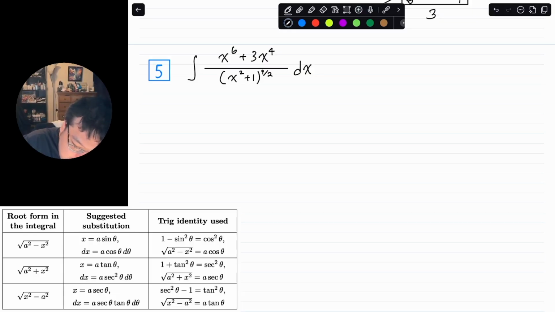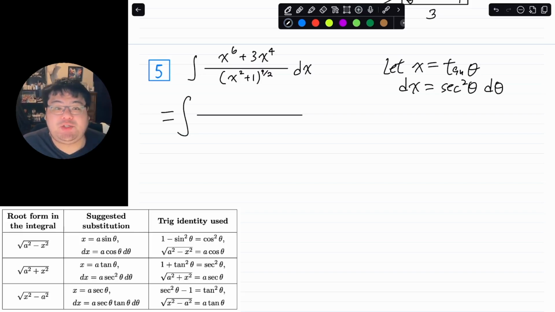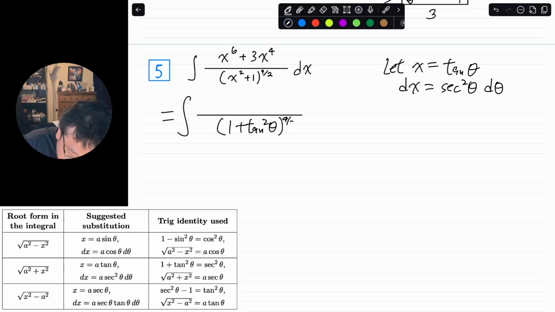So again, we let x equal tangent theta, and dx will be secant squared theta d theta. Now we do our usual substitution back. The first thing we do is the culprit: 1 plus tangent squared theta, to the 9 halves power. Then for the terms that are not about the root, we plug in tangent theta whenever we see x.